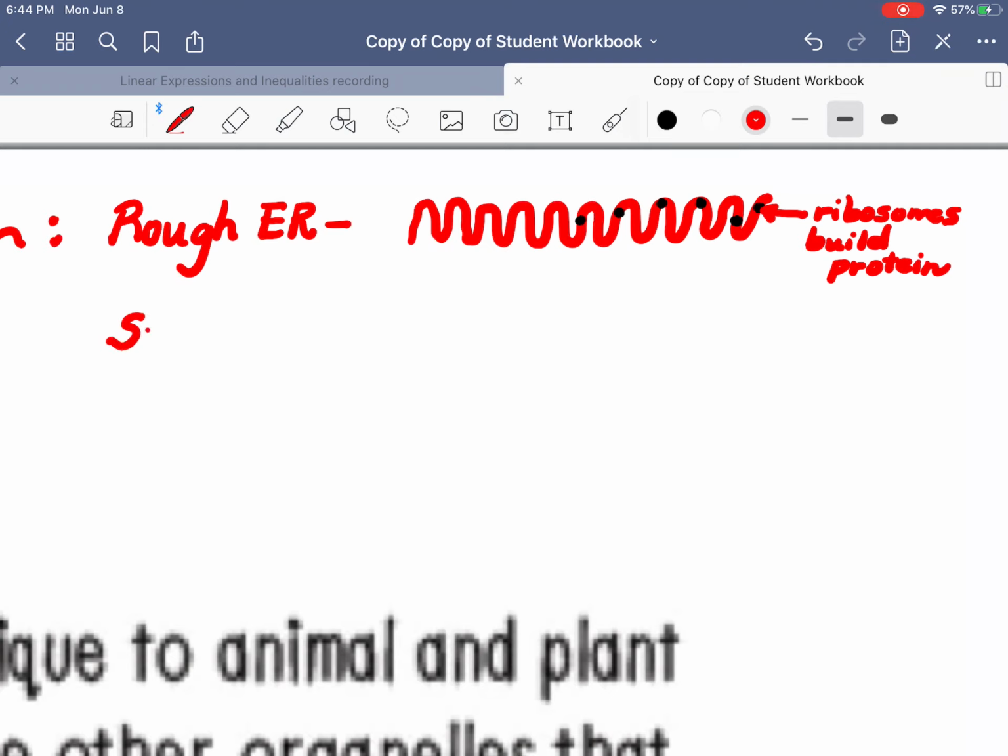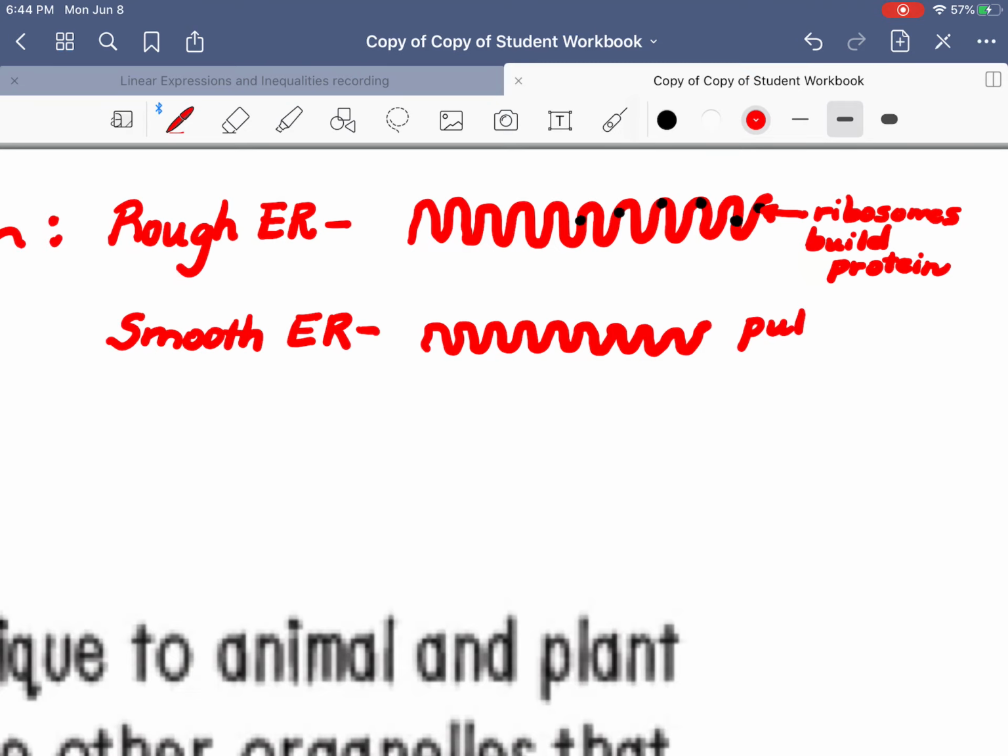And then you have a smooth endoplasmic reticulum. And it looks very similar under a microscope. I still see that ribbon like that. Just doesn't have the dots on it. And it has a very different purpose. Its purpose is to put together fat. And those fats build new membranes.